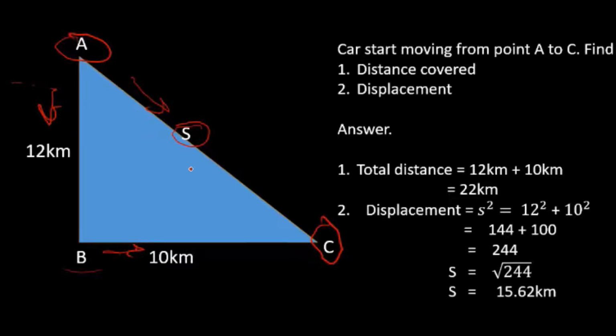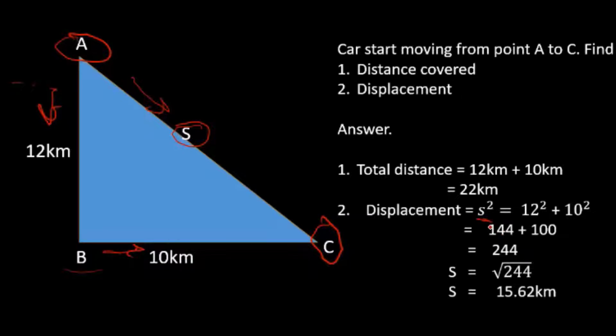However, if you want to find the displacement, it is a journey from A to C, and what we need to find is just S, which is the hypotenuse. The hypotenuse is calculated using the Pythagoras theorem formula, which we are very familiar with. You find the square of the hypotenuse to be the sum of the squares of the other two sides, the adjacent and opposite.